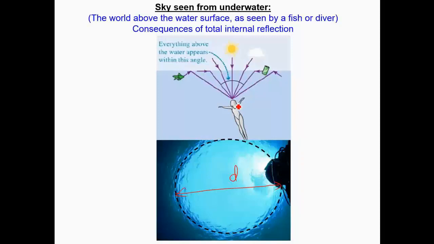For a diver, this is the field of vision. The diameter of the hole is controlled by this critical angle, so you just need to calculate the critical angle. This is where you will see the sky. Everything else works as a reflecting, mirror surface. You won't see the outside world.